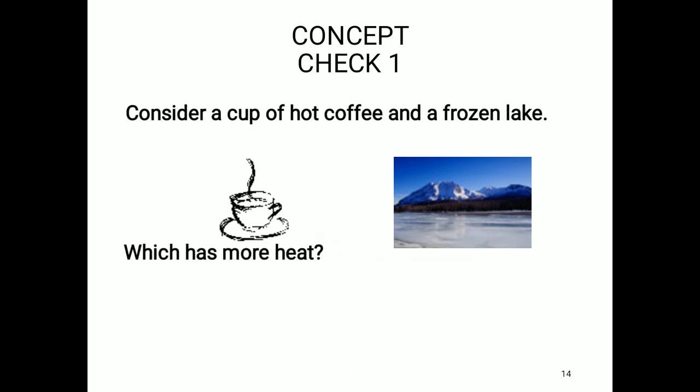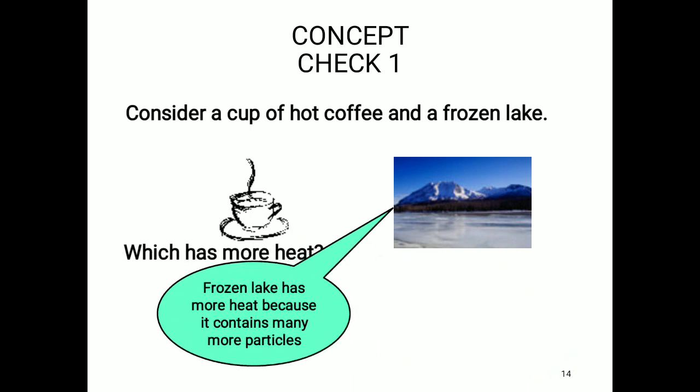Now the question is which has more heat? So the frozen lake has more heat because it contains many more particles. So the concept behind that is that the temperature of the coffee will be higher, but when we ask the amount of heat, then the amount of heat will be higher in the frozen lake because it has more particles, and more particles will absorb more amount of heat.